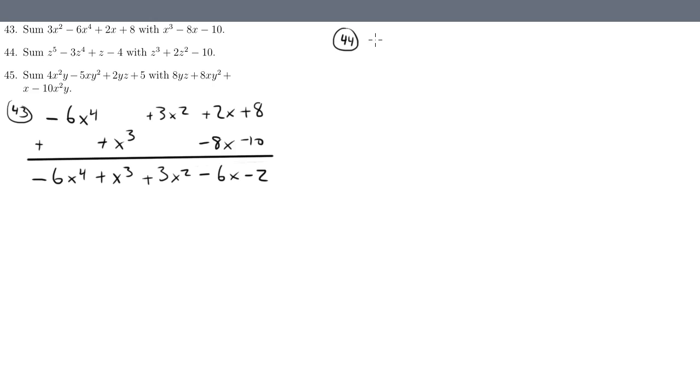Number 44. All right. Z to the fifth looks to be our highest. Z to the fifth minus 3 z to the fourth. Cubed, no. Squared, no. Plus linear z minus 4. Okay, so then this is plus z cubed plus 2z squared minus 10. Interesting.